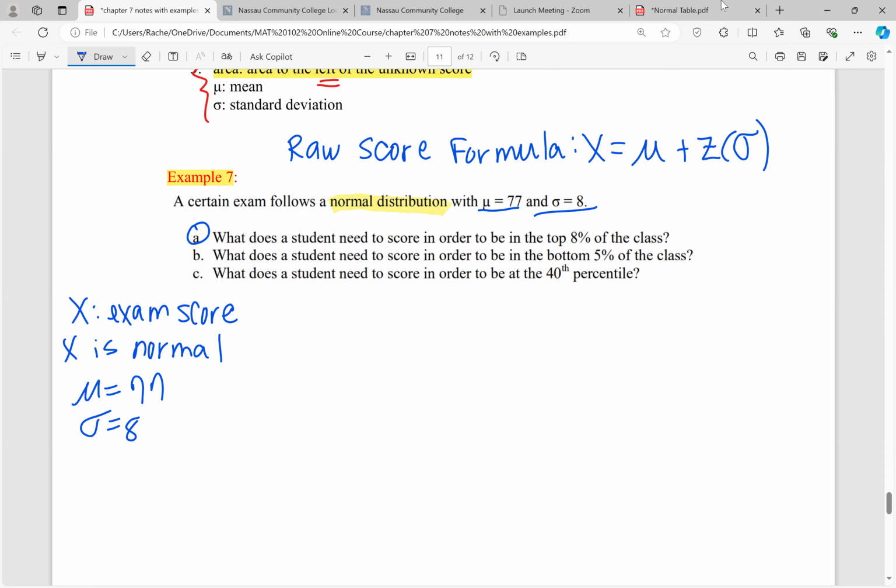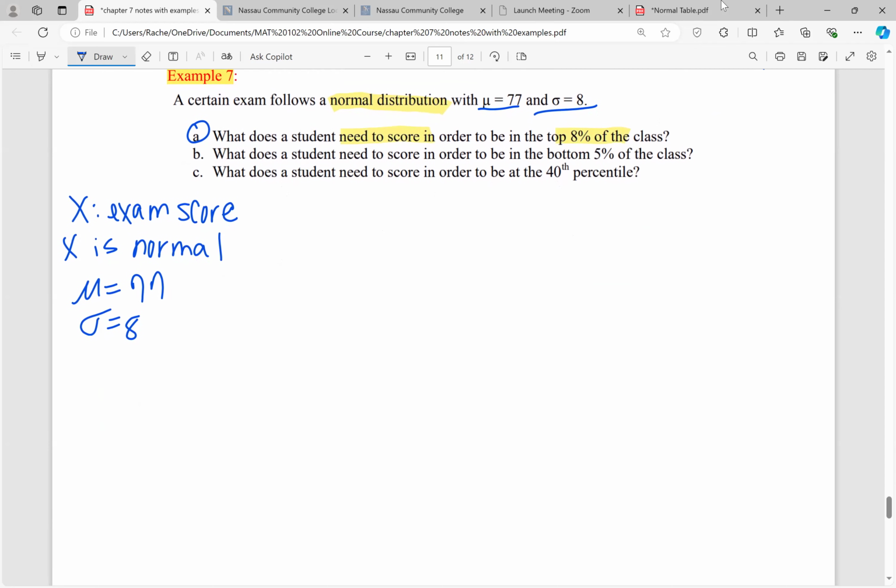What does a student need to score in order to be in the top 8% of the class? So I'm flat out asking for a score, right? What score does a student need to get in order to be in the top 8% of the class? I'm not asking for a probability. I'm not asking for a percent. We're not looking for an area under the curve. I'm asking for a particular score now, but let's draw it out just like we've been doing.